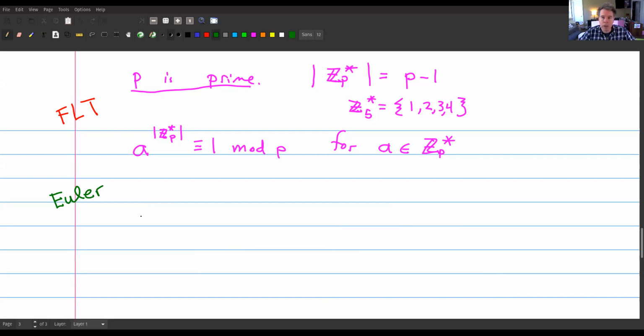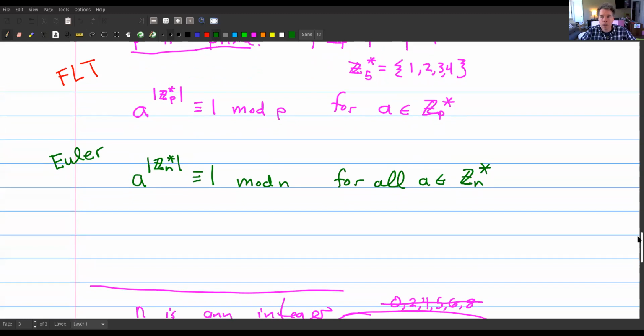And what Euler's theorem says is A to the cardinality of Zn star is congruent to 1 mod n for all A in Zn star.